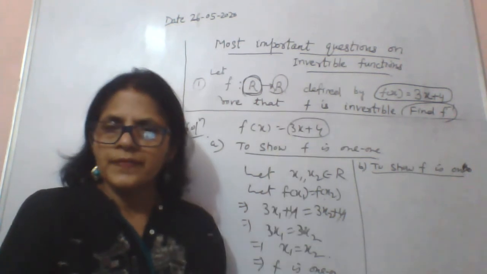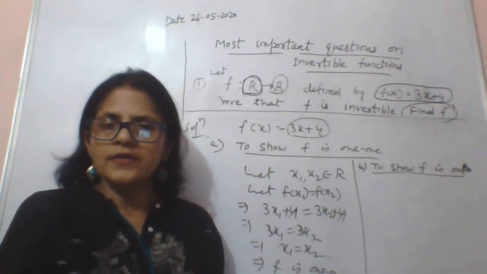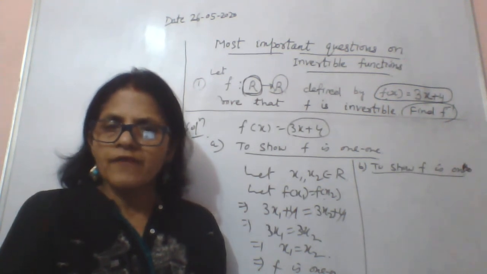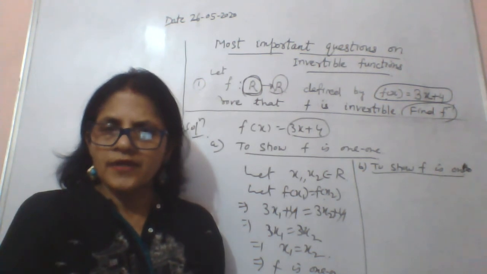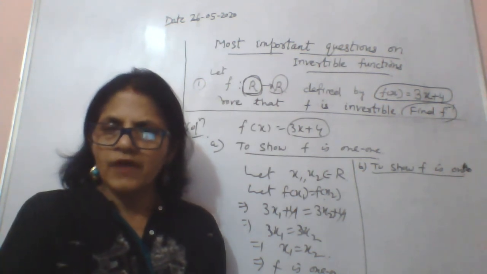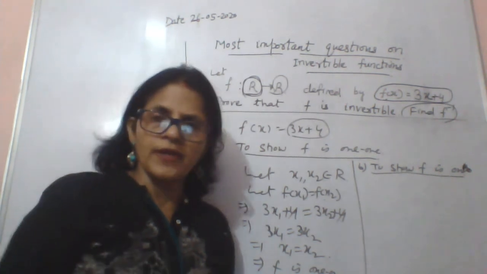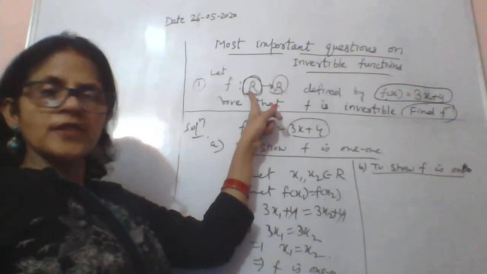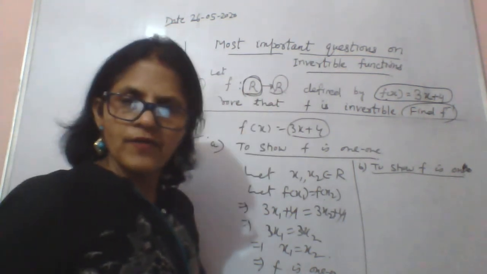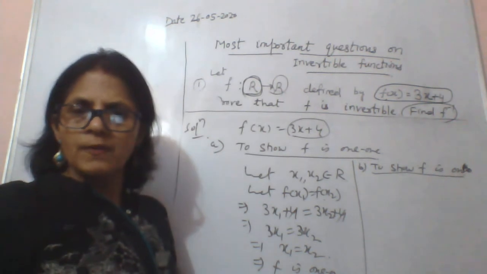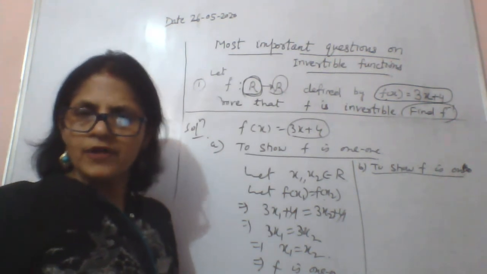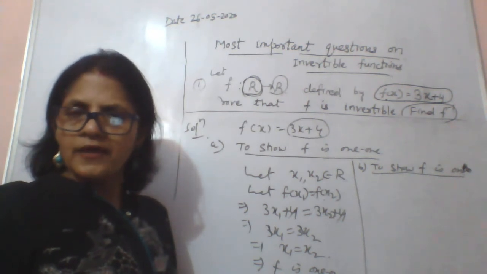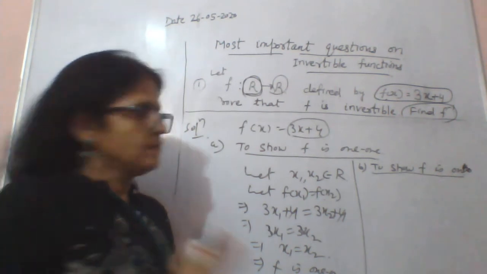To find the range, you find the set of all values of the function, the set of all y for which x belongs to its domain. So while getting the range, the basic question to ask yourself is: for what values of y is x defined, for what values of y does x belong to the given domain?